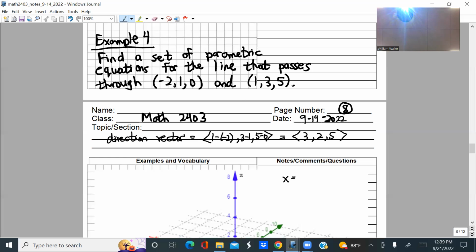X equals, you can use this point or this point, minus 2 plus 3 times t. Y is going to be 1 plus 2 times t, right? And then z is going to be 0 plus 5 times t. So it's just that easy, right?